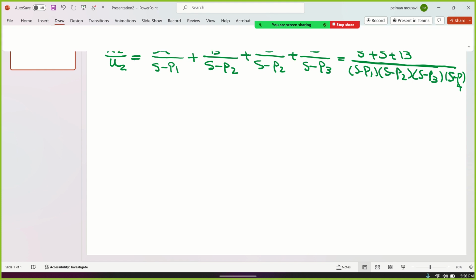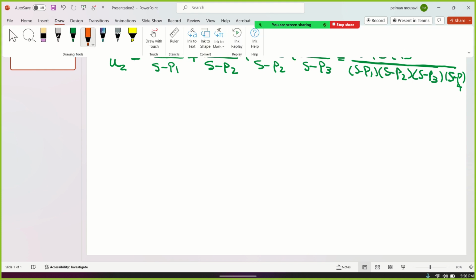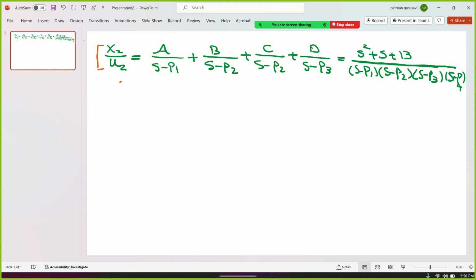When you apply, guys, what I'm telling you about the dominant poles, when you apply the inverse Laplace to that, to go to the time domain, and assuming that U2 is 1, meaning impulse, which Laplace transform was 1.